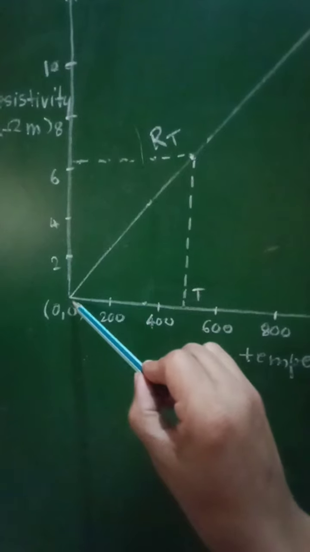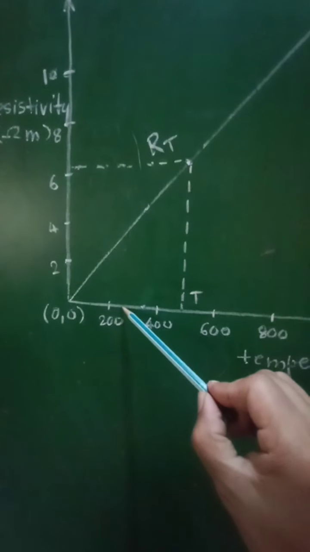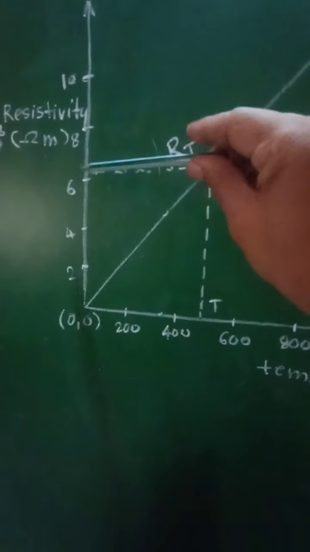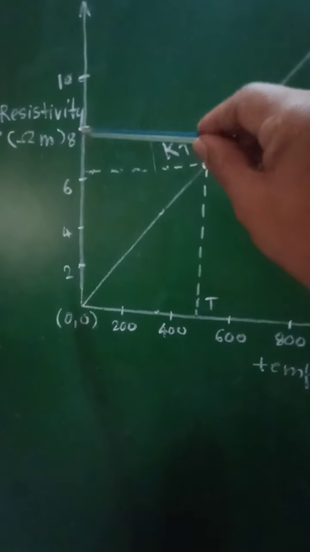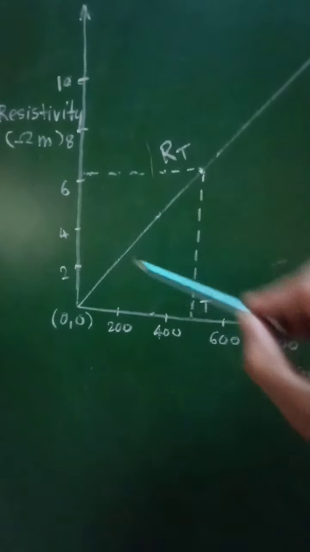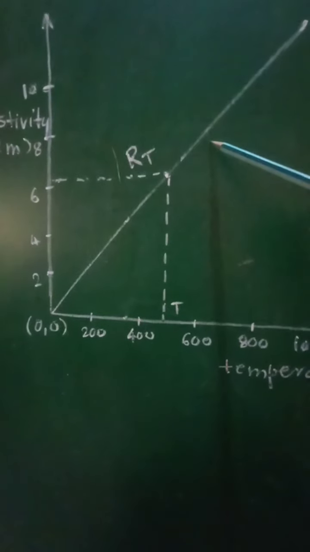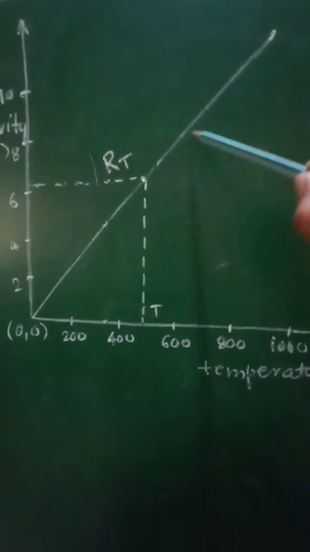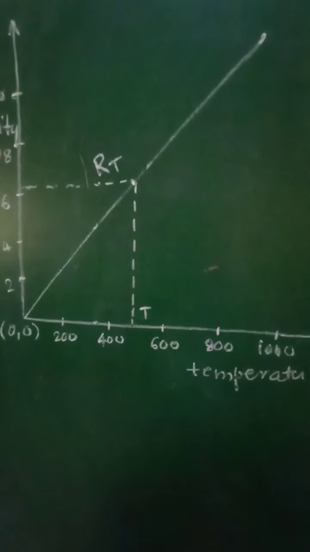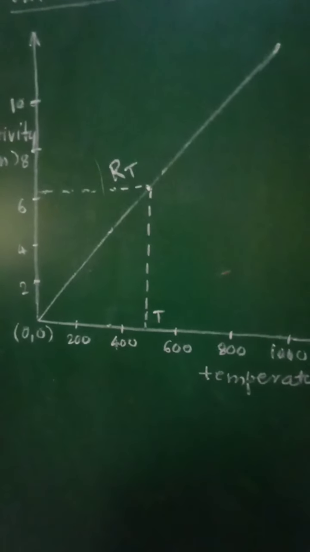That is, this point is the origin of this coordinate system. Therefore, if you plot the graph of resistivity against temperature for any conductor like copper, the nature of the graph will be linear, that is a straight line passing through the origin. So we will get such a linear variation.